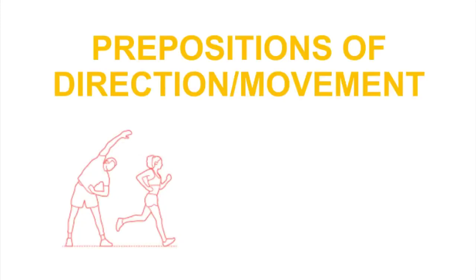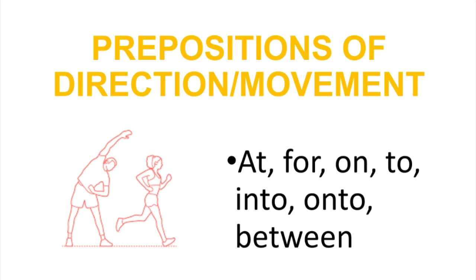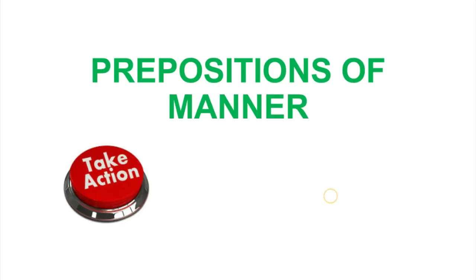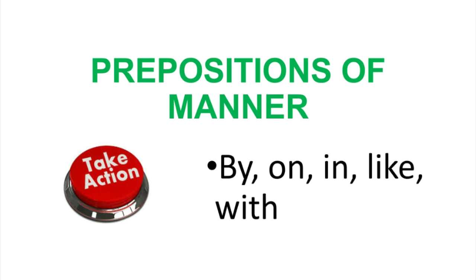For direction and movement, essentially, they describe how something or someone moves from one place to another. So we can use at, for, on, to, into, onto, between. And for the prepositions of manner, we can use by, on, in, like, and with.